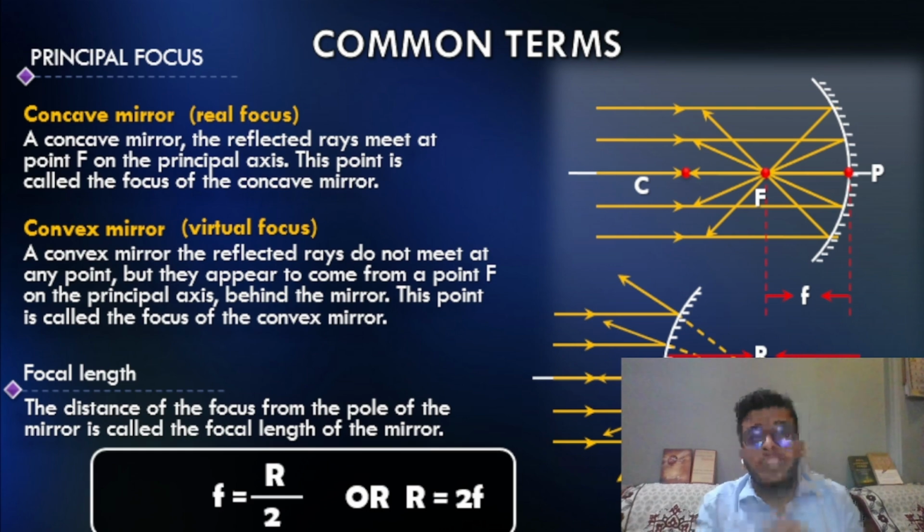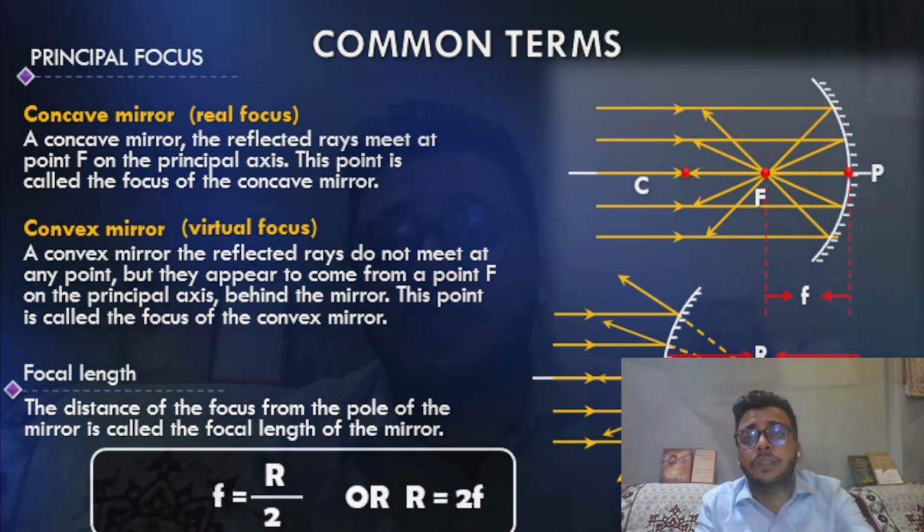So these are few important terms of spherical mirror which we'll be using in the ray diagrams as well as the numericals. So you have to be familiar with all of these terms because we'll be using this more frequently.